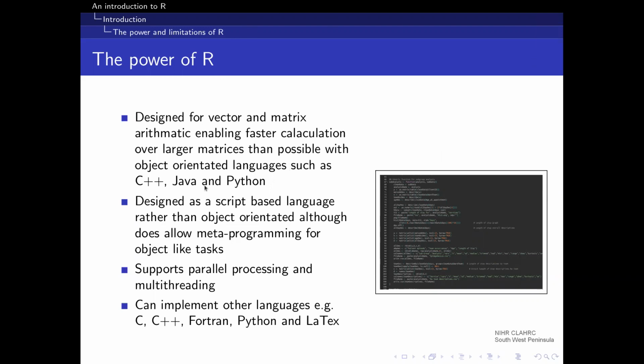So R was designed primarily for working with vectors and matrices and performing fast calculations across large matrices of data. It was designed as a functional language, which is why it's different to languages such as C++, Java, and Python, which are object-oriented languages.